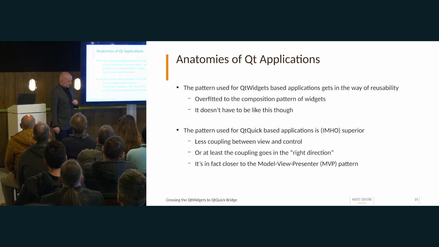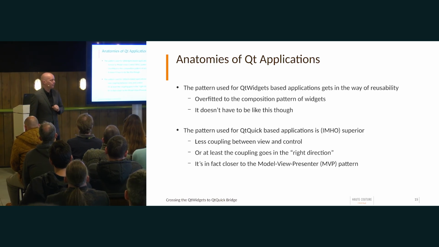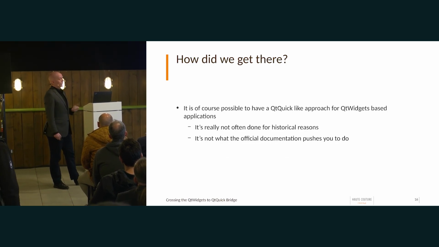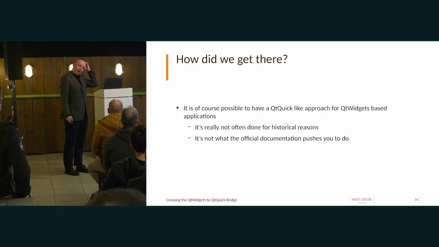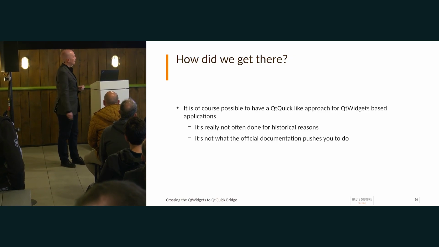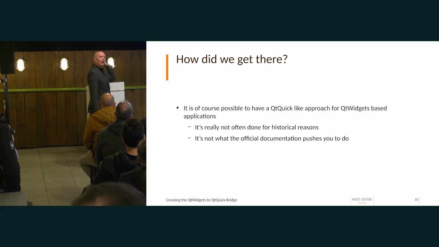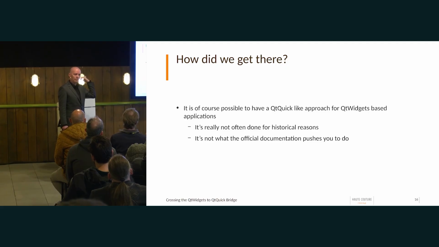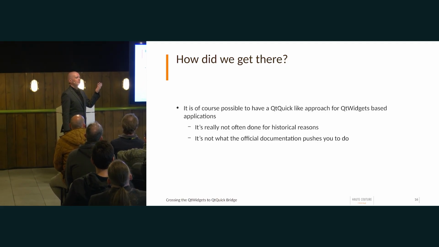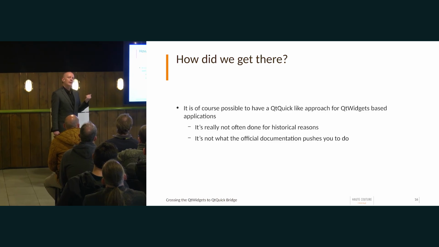And so, as I mentioned, that's more akin to the model view presenter pattern, in my opinion. Now, the question is, how did we get there, right? Why did we get kind of stuck with that MVC with a twist on the QtWidget side? We could have decided way back, as I mentioned, I've been doing this kind of stuff for 20 years, to say, yeah, but that dependency is weird.